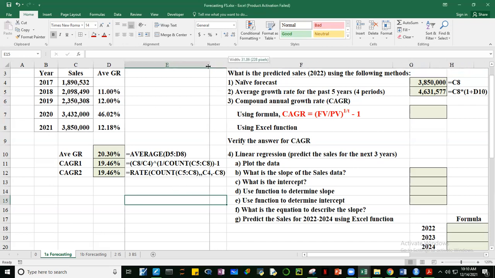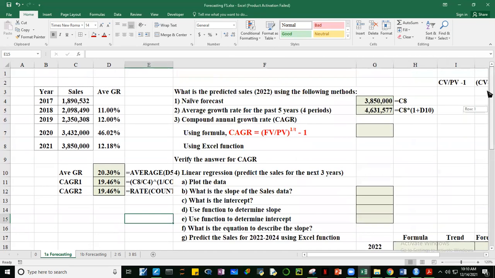All right. So let's now prove, guys, that indeed this is the correct CAGR. Let's prove that the CAGR is 19.46%. So how do we prove that?